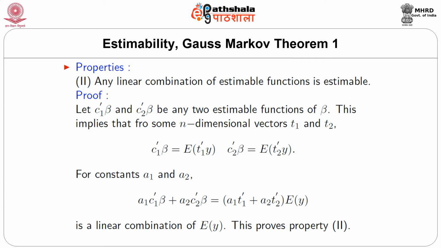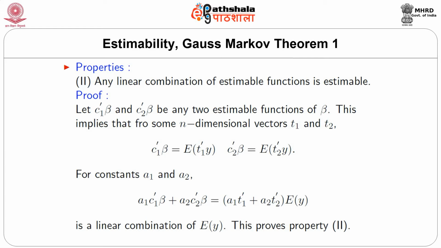That means there are linear functions of y whose expectation equals these parameters. Let these linear functions of y be t1 prime y and t2 prime y, where t1 and t2 are two n-dimensional vectors. These vectors are fixed and known such that expected value of t1 prime y equals c1 prime beta and expected value of t2 prime y is c2 prime beta.